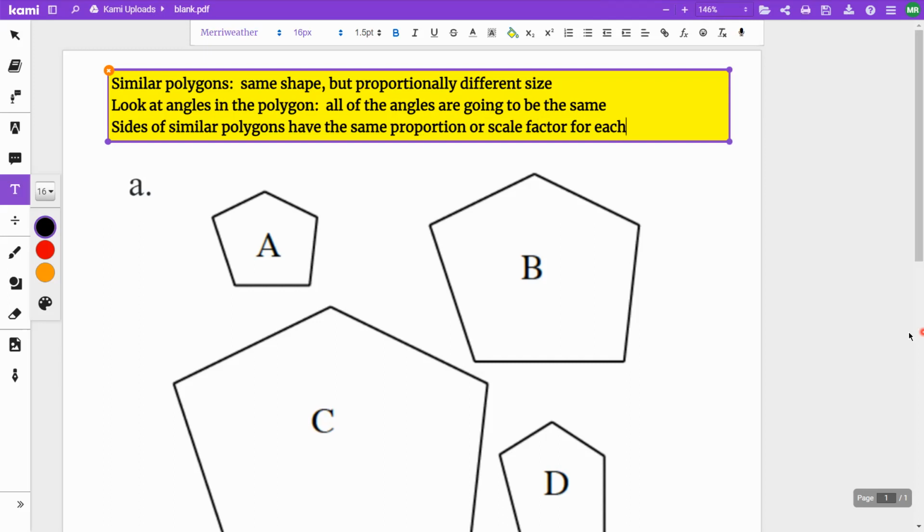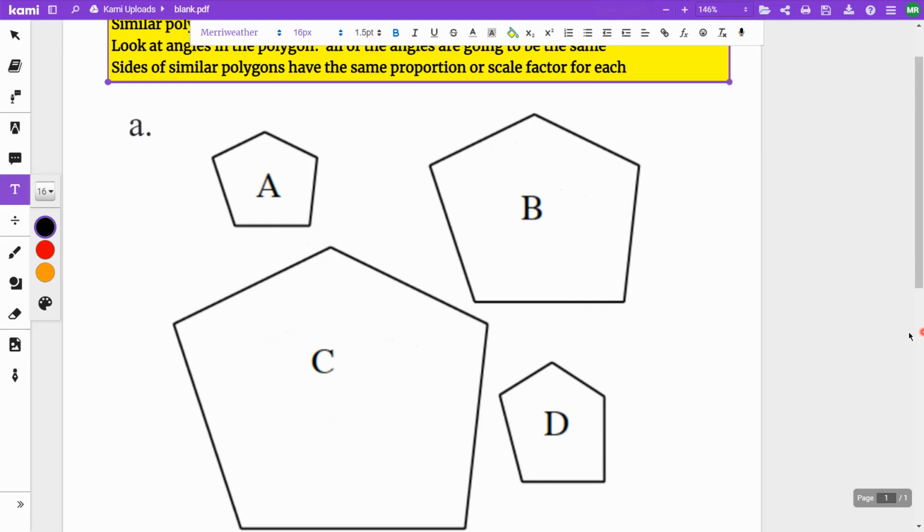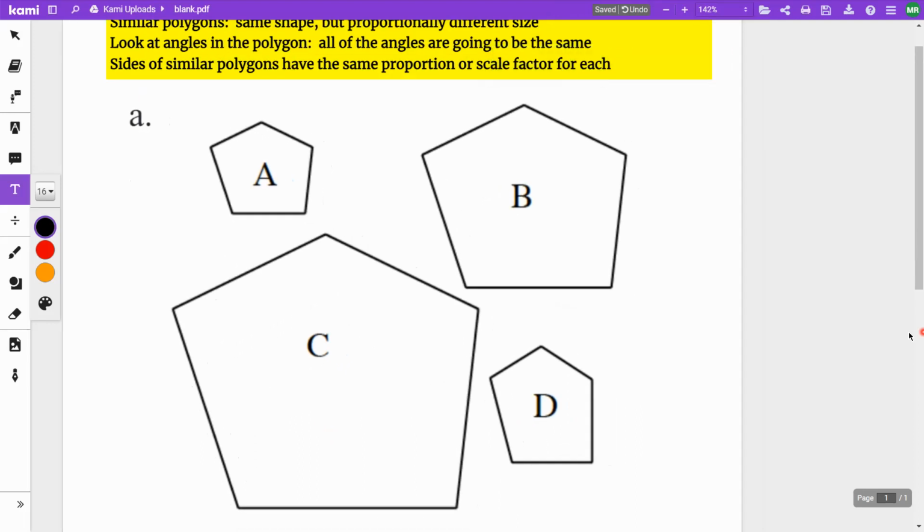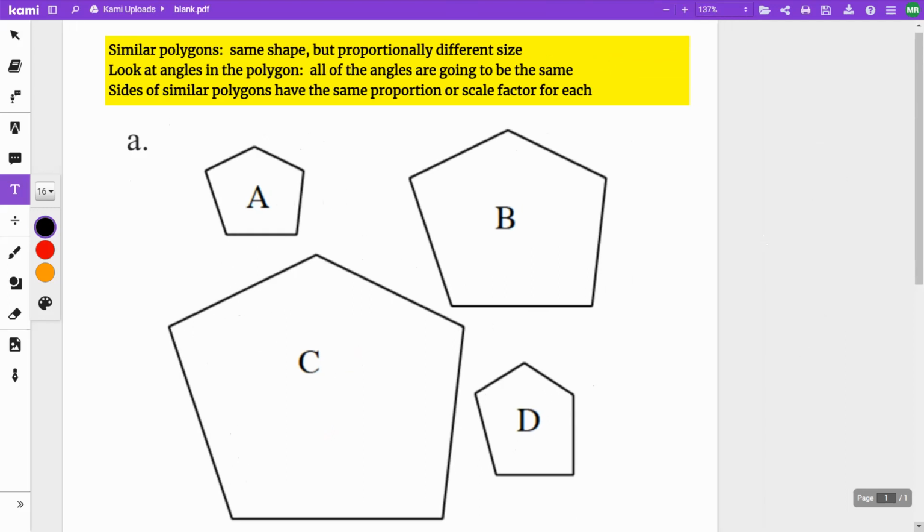It's not like one side's double and another side's tripled. Every single one of these is going to be doubled or tripled depending on the situation. So what I'm going to do is look at these pentagons here.